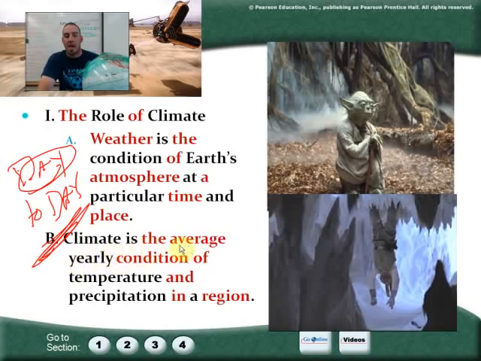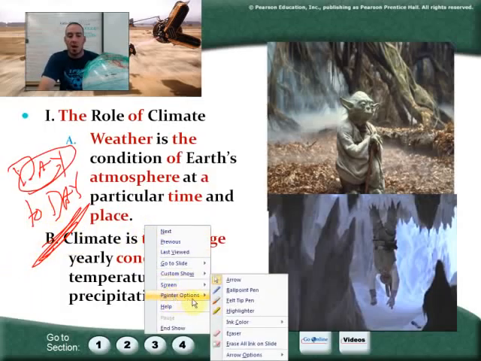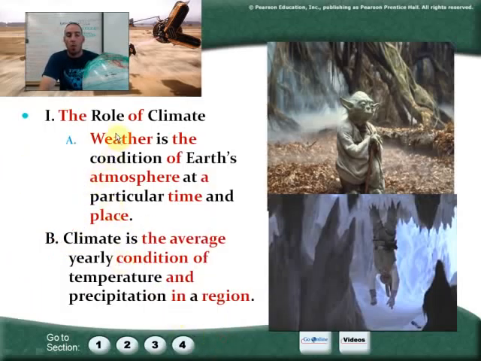The climate is the average yearly conditions, temperature and precipitation that we would see in an area in a given year. So how this works is that we are basically taking all of our weather that consistently happens, and if we are marking it like today is 90 degrees and tomorrow might be 85, we would know that usually during this time of the year it's starting to get warmer, and that would be the weather.